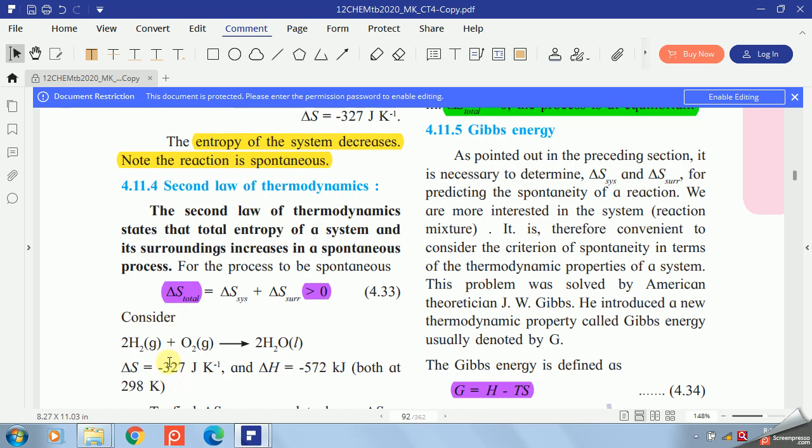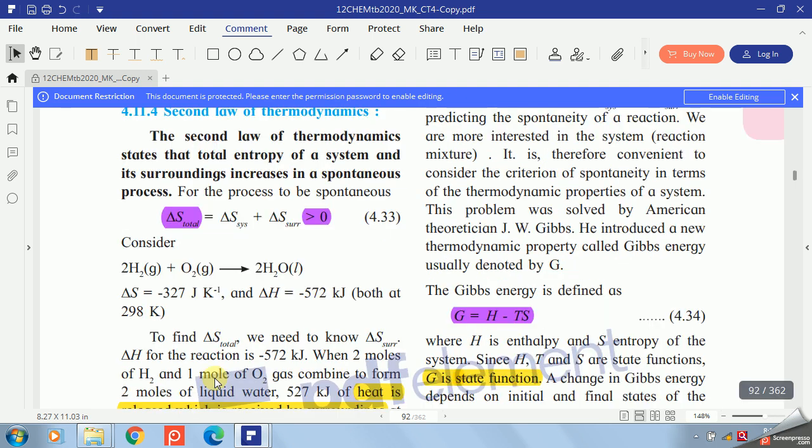So in the previous example, the change in entropy is minus 327 joule per Kelvin, and the heat of reaction is minus 572 kilojoule, both at 298 Kelvin. To find delta S total, the change in entropy for system and surrounding, we must know the change in entropy of the surrounding.